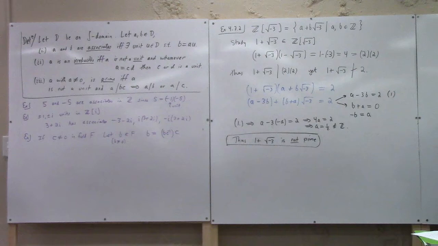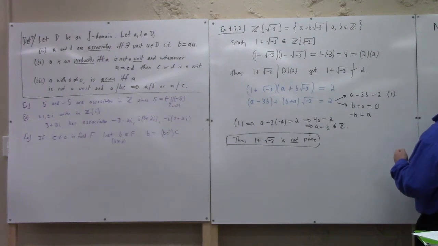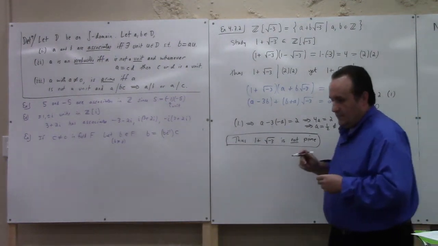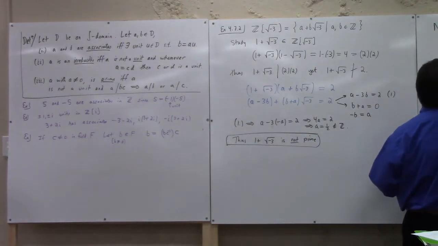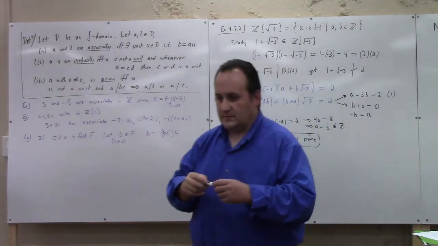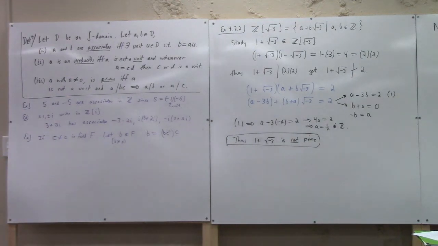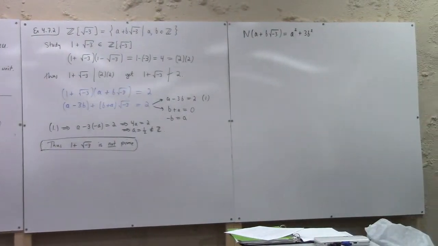So the norm of a plus b square root of minus 3 is a squared plus 3b squared. So that's the norm in this context. And I stated it in some generality in the notes, all right? But there it is, that's the norm.